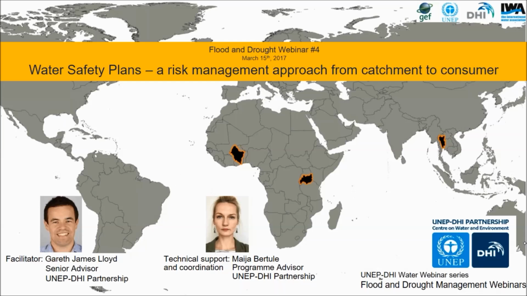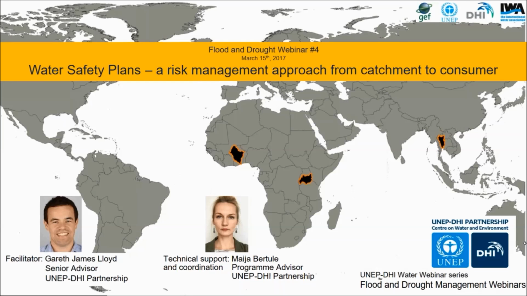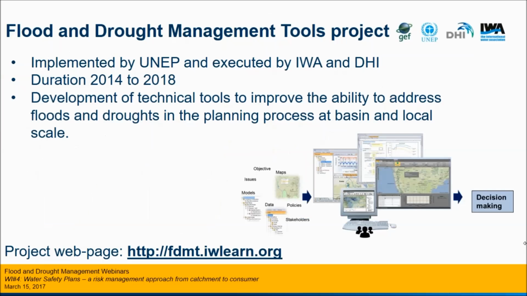The plan is to get to the agenda in a moment, but before then I'd like to tell you a little bit about the Flood and Drought Management Project. This webinar is an offshoot of the Global Environment Facility project, which is all about developing and disseminating cutting-edge flood and drought management tools.